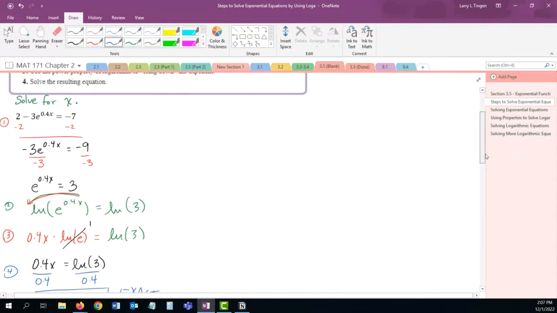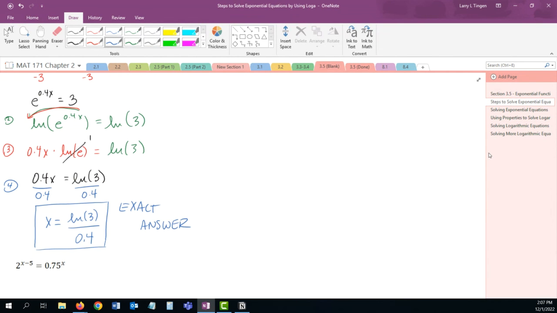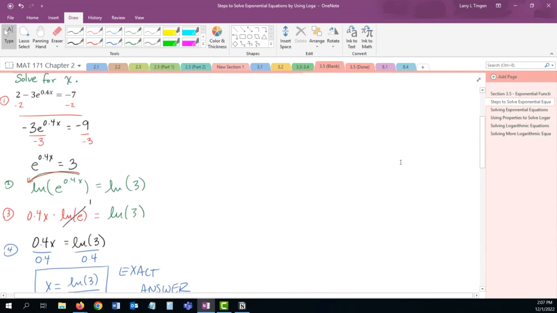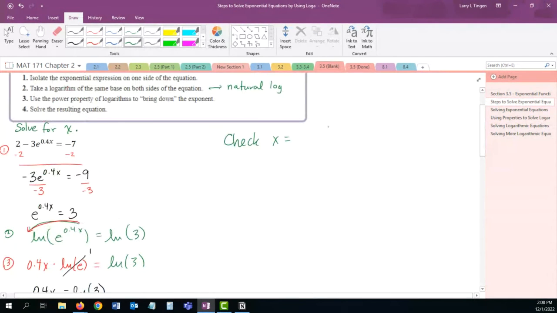Okay. Now, for me, I have no desire to force you to do this check by hand. So I'm going to check x is equal to natural log of 3 divided by 4/10.